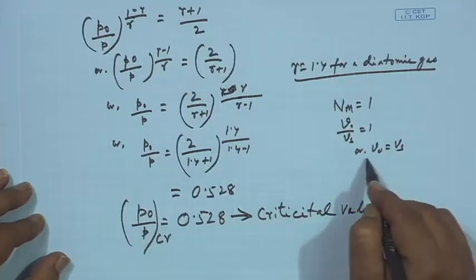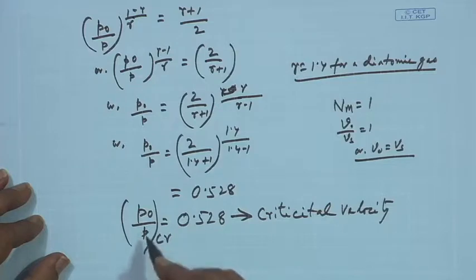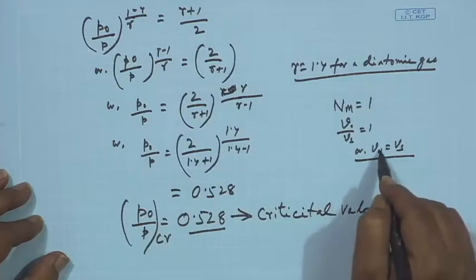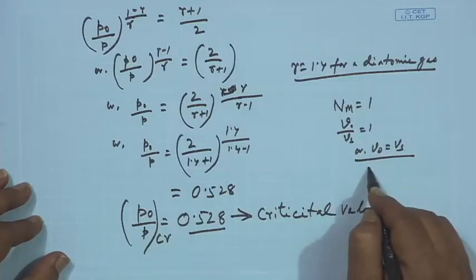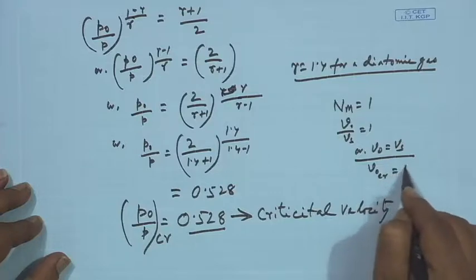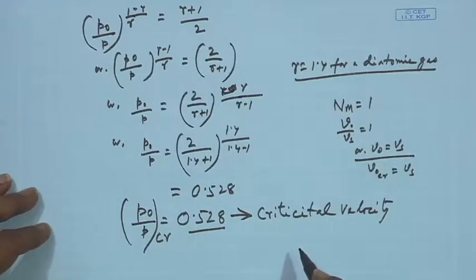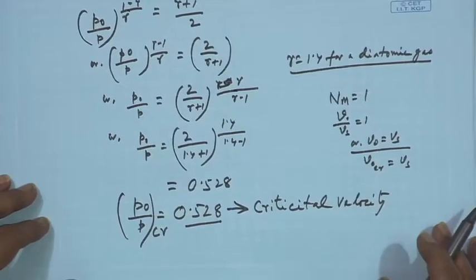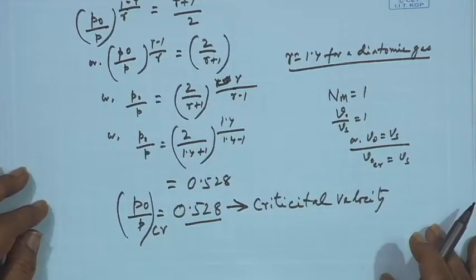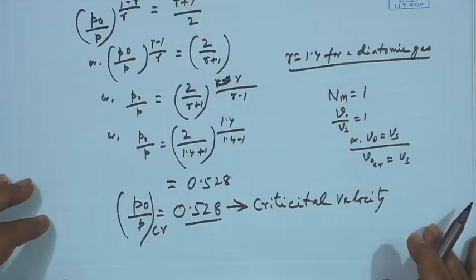Now, we have shown that P0 by P becomes critical when it is 0.528. So the corresponding velocity V0 becomes the critical velocity, V0 critical. So that becomes the velocity of sound. So under critical condition, when the pressure ratio of outlet to inlet is 0.528, it becomes the velocity of sound, right.